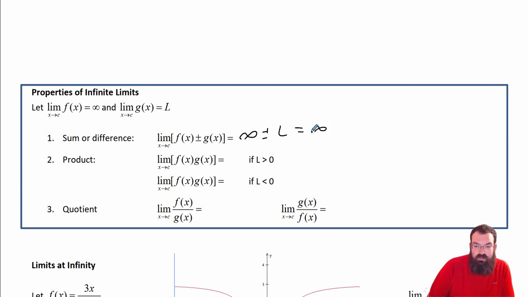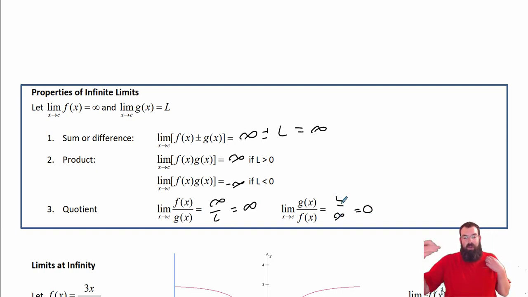So this is still infinity. F of x times g of x. So this is also going to be infinity whenever L is greater than 0. If it's less than 0, it's going to be negative infinity. Okay? F of x over g of x is infinity over L, which is just infinity. Okay? And then L over infinity is going to be 0, right?